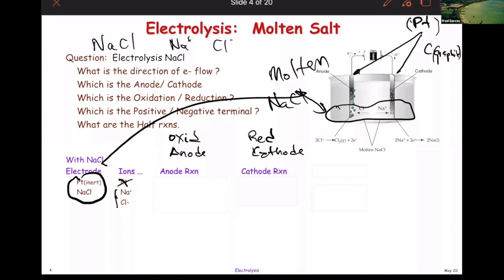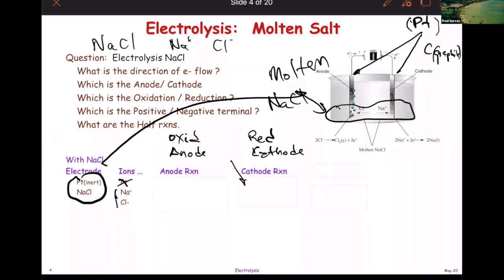So that's not going to happen. Most likely, it's going to gain an electron and become sodium neutral. So by gaining an electron, it goes from positive to 0. That's actually a reduction. So you would put sodium in this column right here.